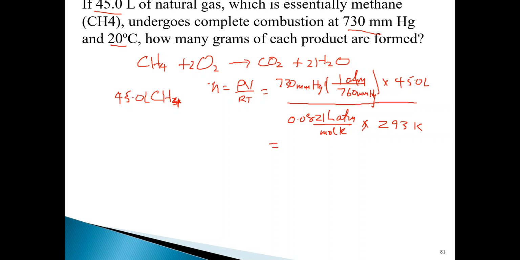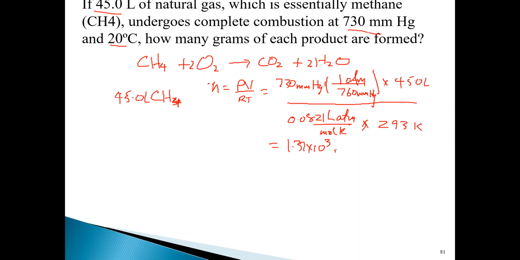And when I round this off to 3 sig figs, I'm going to get a relatively large number. Let me check this again. This looks kind of huge. 730 times 45 equals that, divided by 0.0821 equals that, divided by 293. Okay, I knew something was wrong. So according to my calculation, this works out to be equal to 1.37 times 10 to the 3.